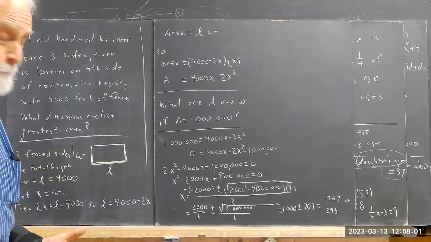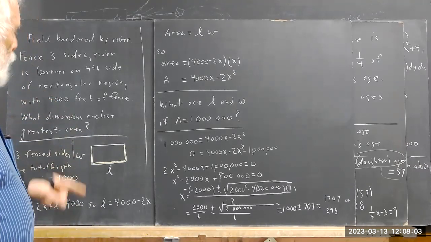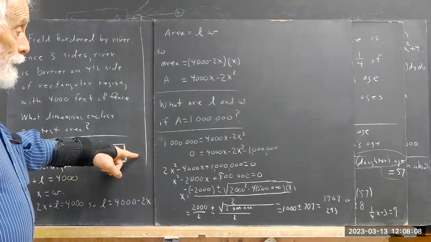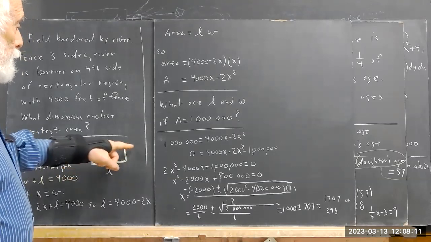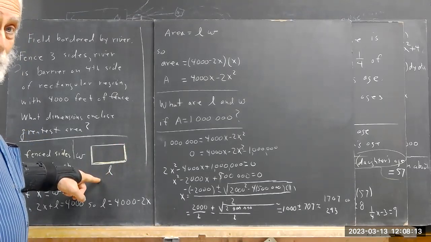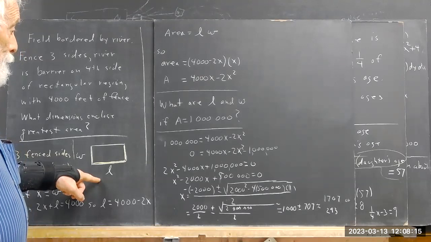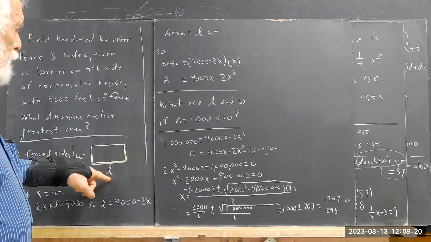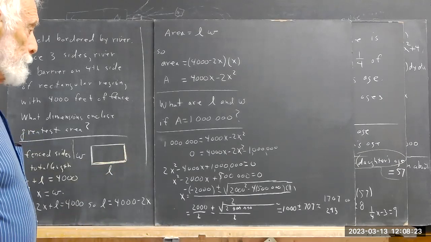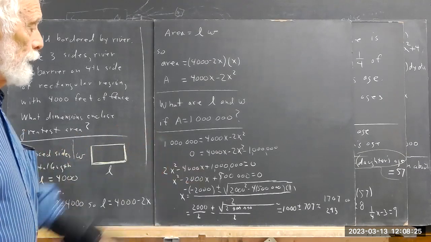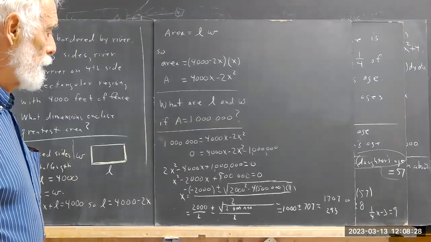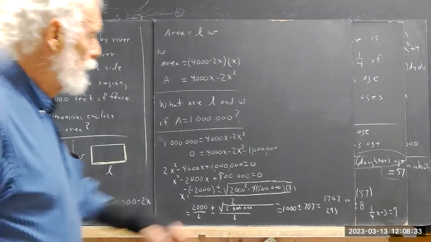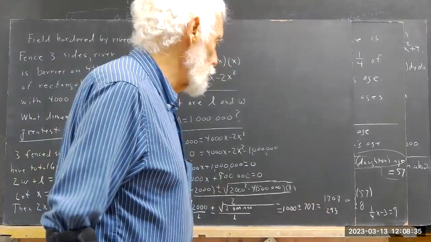If it was 293 here, 293 here, that would give you approximately 600 here and 1,700 here. Then you'd have like 300 by 1,700, which doesn't give you 1 million. So something's wrong with this part of the solution, though this part kind of works.